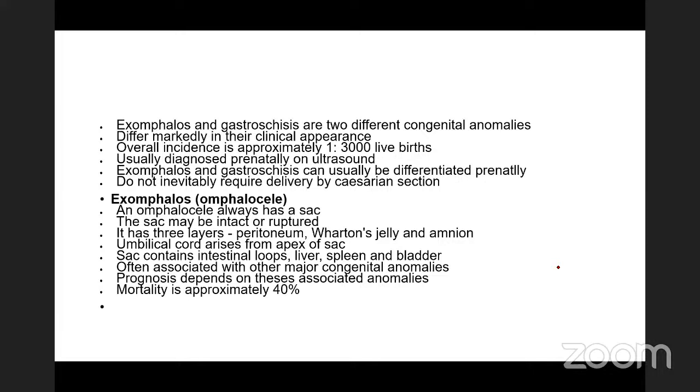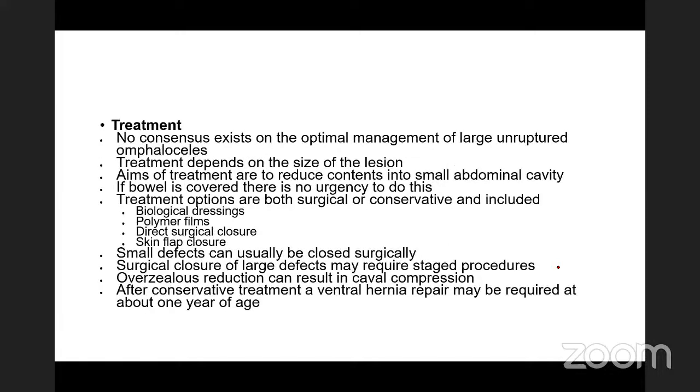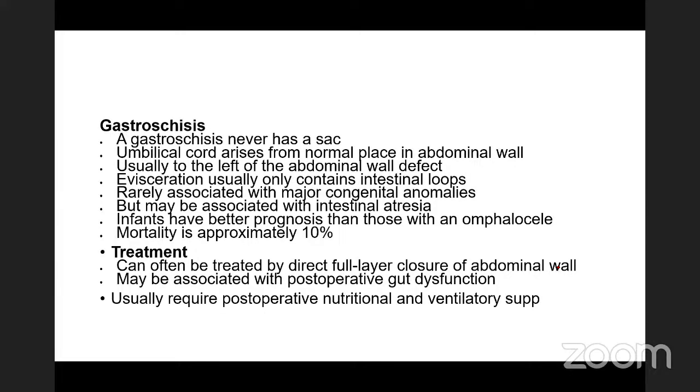Mortality is approximately 40%. So you should know that omphaloceles associated with other abnormalities have a higher risk of mortality and poor prognosis. Now, let's not go into the details of the treatment.